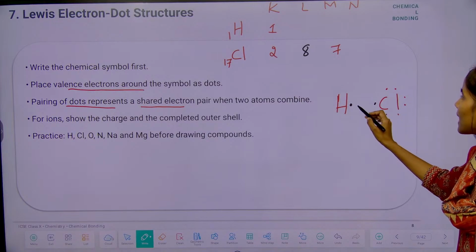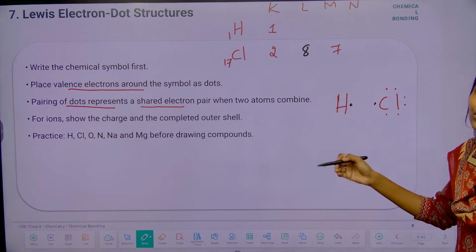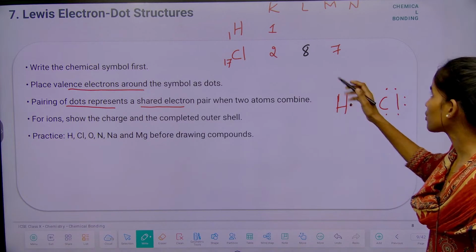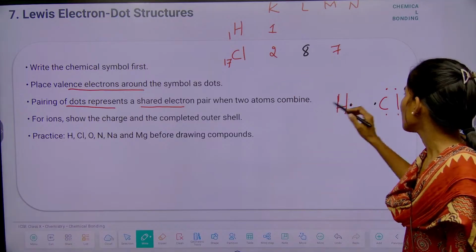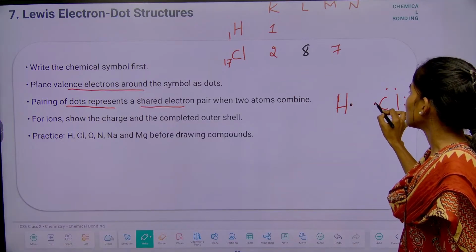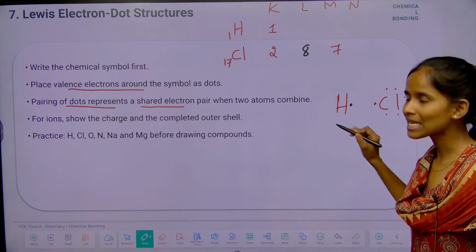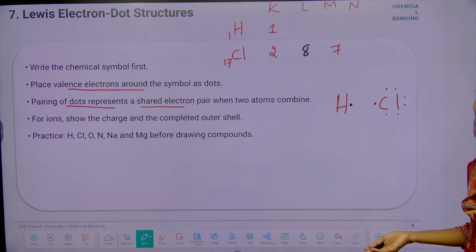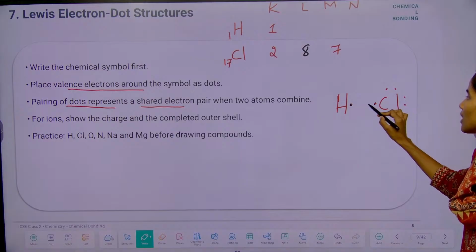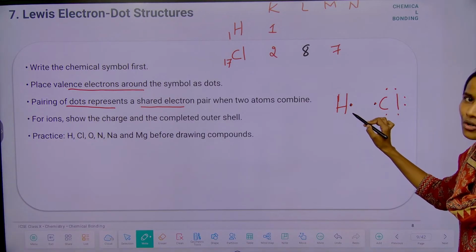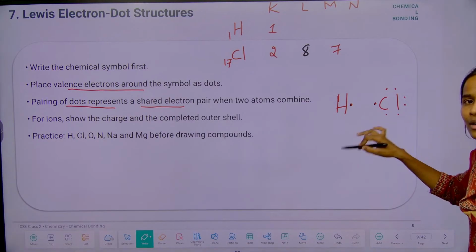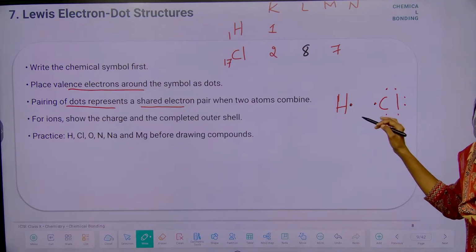Hydrogen, in order to get duplet configuration, meaning 2 electrons in the valence shell, will take the electron from the chlorine. In a similar way, chlorine, in order to get octet configuration, will take the electron from hydrogen. So both are taking from each other. It is nothing but sharing of electrons.